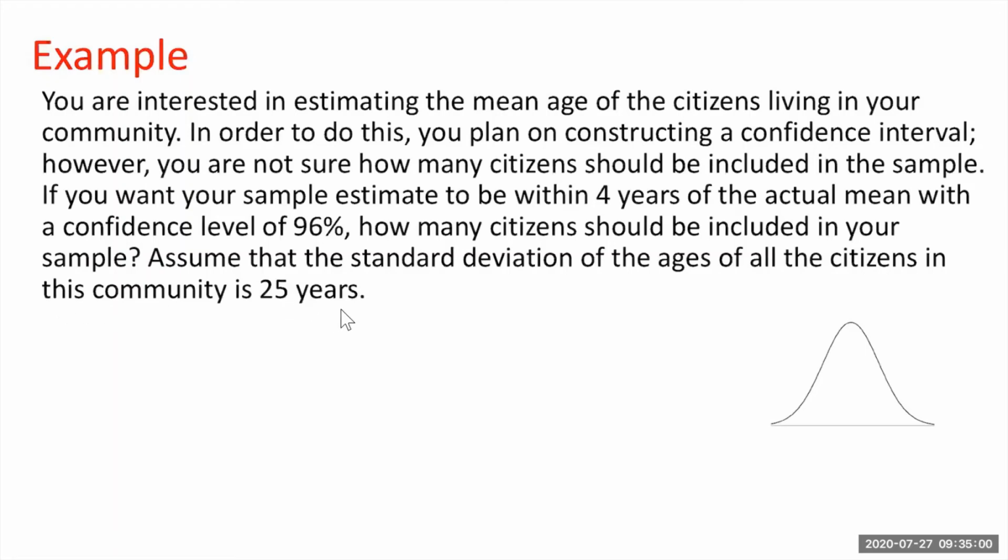Okay, let's find out what is given and what we need to find. They say that you are constructing a confidence interval. Whenever you are constructing the confidence interval, you know that you have the point estimate in the middle, which is the sample mean in this case. If the sample mean is given, you may see it.